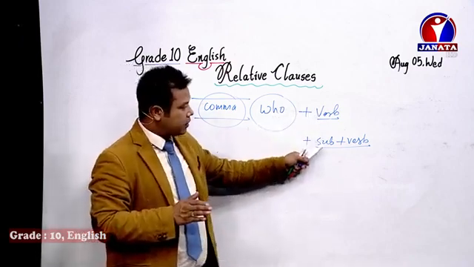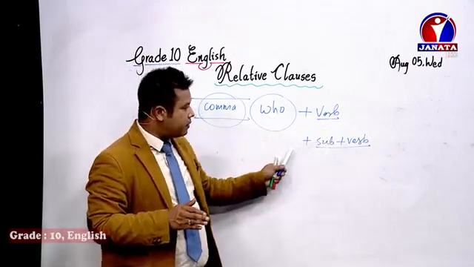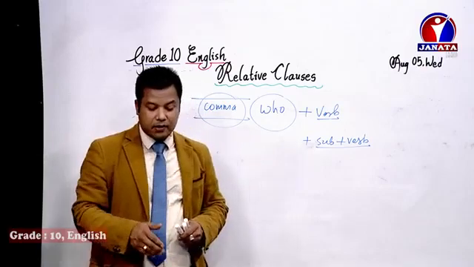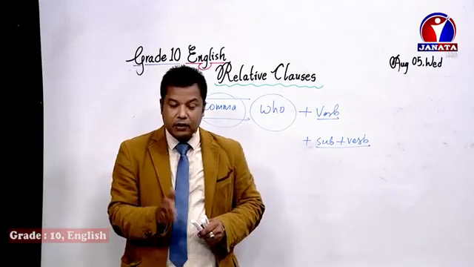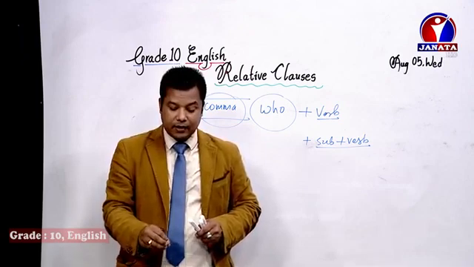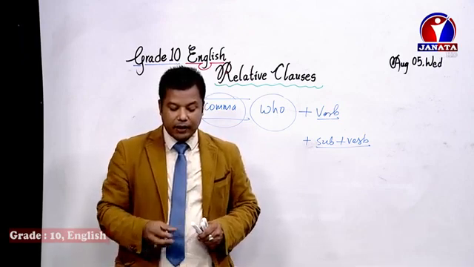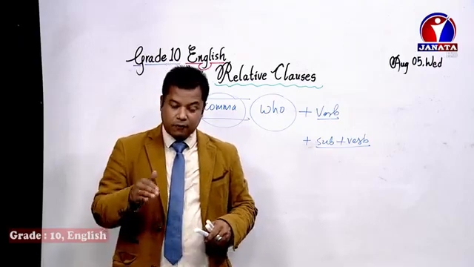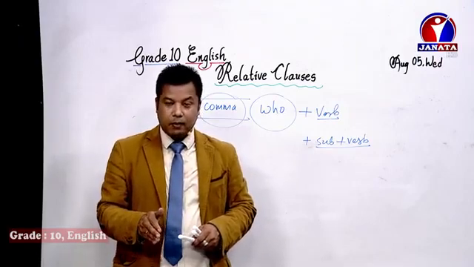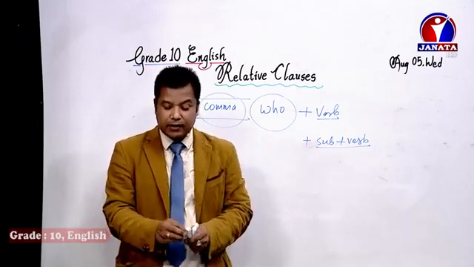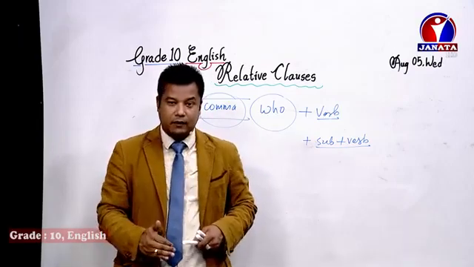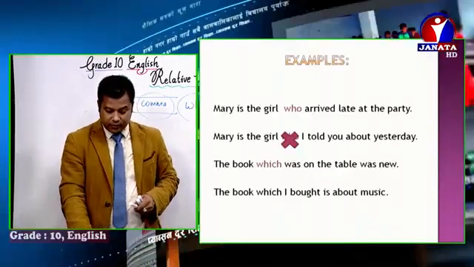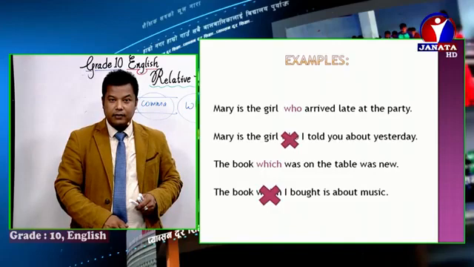But when you have a subject of the verb itself and a relative pronoun right here, like in the second example, Mary is the girl who I told, I can remove who. And that would read something like, Mary is the girl I told you about yesterday. But the first one, Mary is the girl who arrived late at the party, I cannot remove that who because that is the subject of the relative clause itself. All right. Now see the cross marking and you will understand. That is easy.